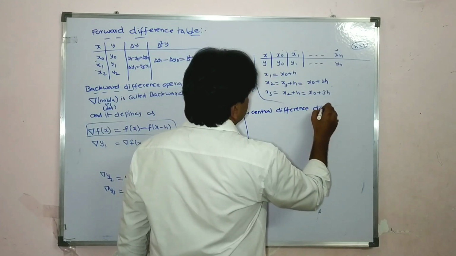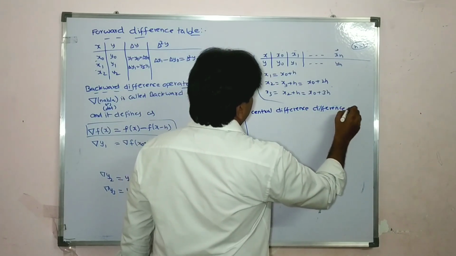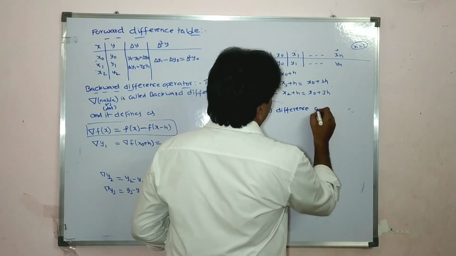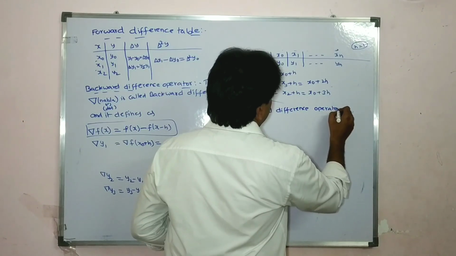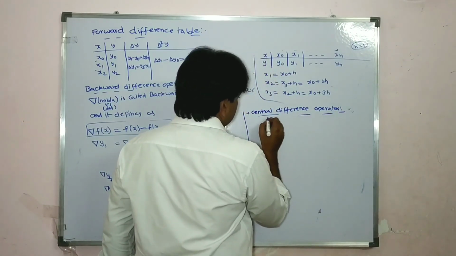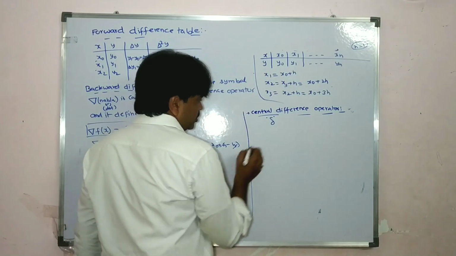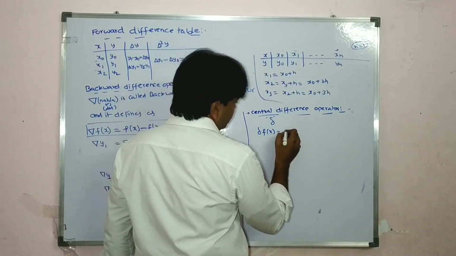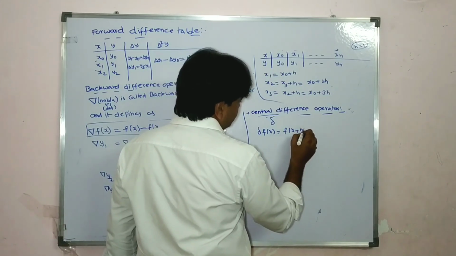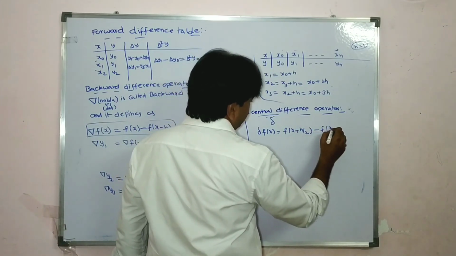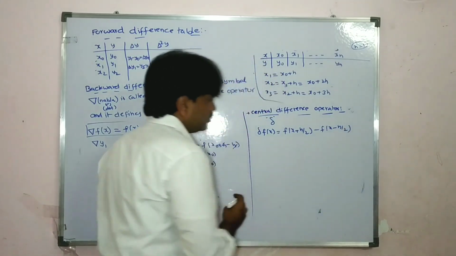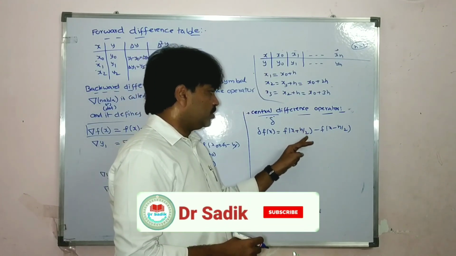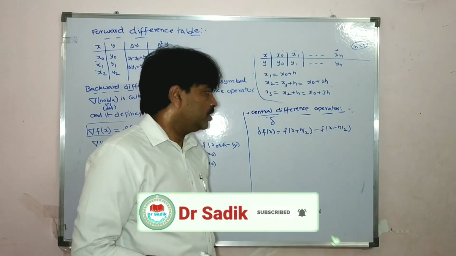Here delta is called the central difference operator, and it is defined as delta of f of x equals f of x plus h by 2 minus f of x minus h by 2.